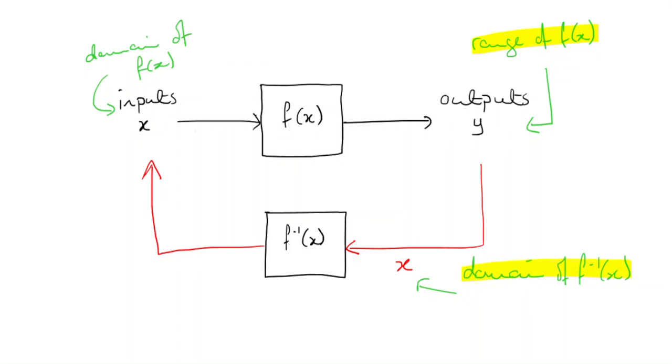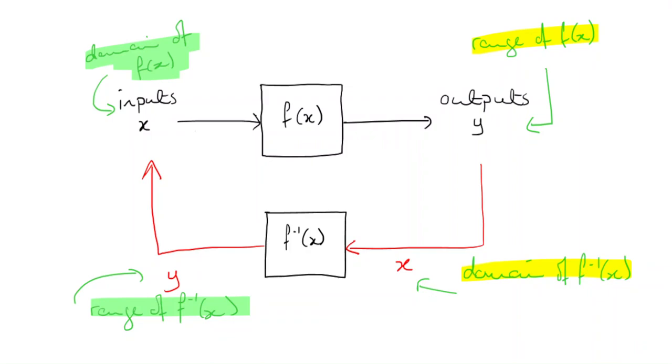And likewise, if the inverse function gives us out these values, and we've got the range of the inverse function, the set of all possible output values, then we should expect that those will correspond to the domain of the original function. Because the whole point of the inverse function is that its outputs should correspond to the original inputs.